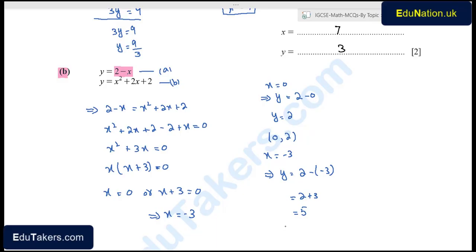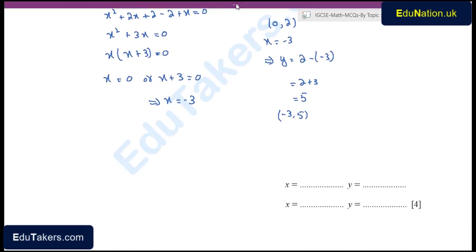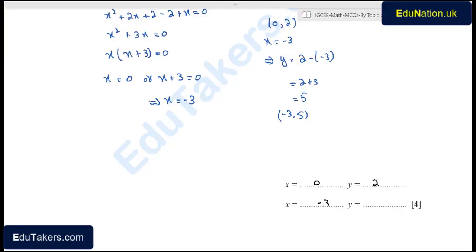So the solution is (−3, 5). First solution is (0, 2), and second is (−3, 5).